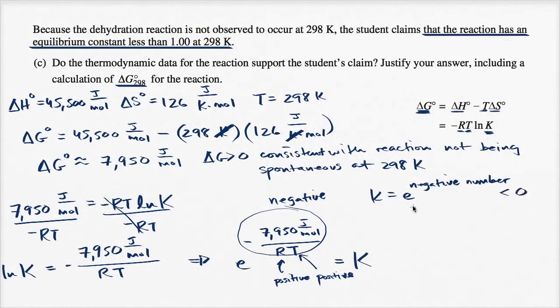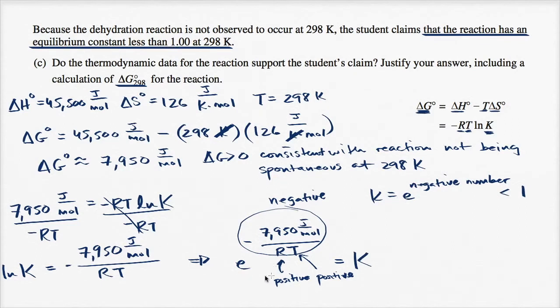Remember, if the exponent is 0, e to the 0 power is 1, e to anything positive is going to be greater than 1, and e to anything negative is going to be less than 1. Let me be careful, not less than 0. You actually can't get to less than 0. It's going to be less than 1. And so this by itself already validates the student's claim.